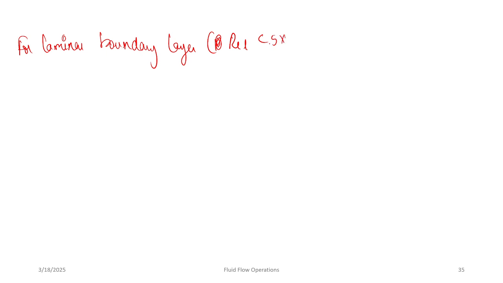So for the case of laminar boundary layer, that is RE less than 5 into 10 power 5, I'll directly write down the equation. D will be equal to integral 0 to L of tau naught into dx.